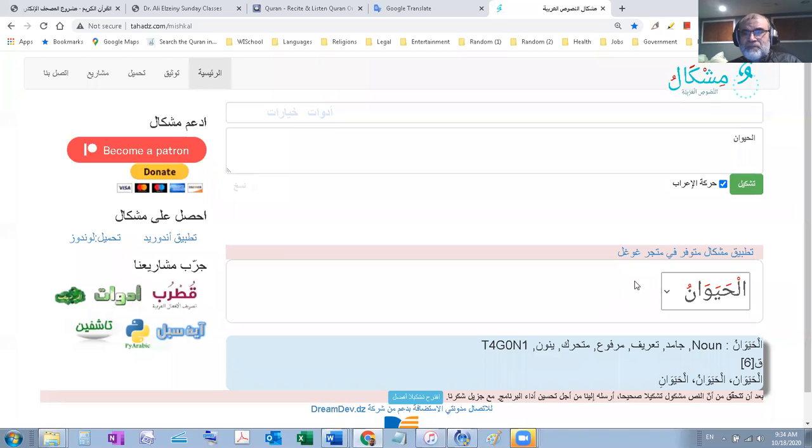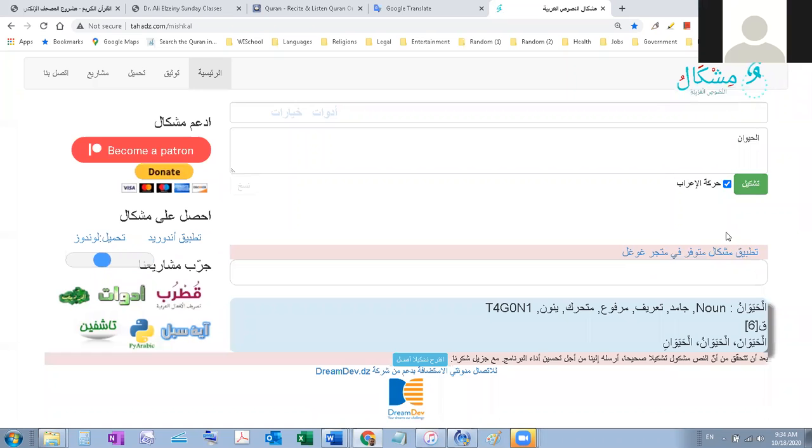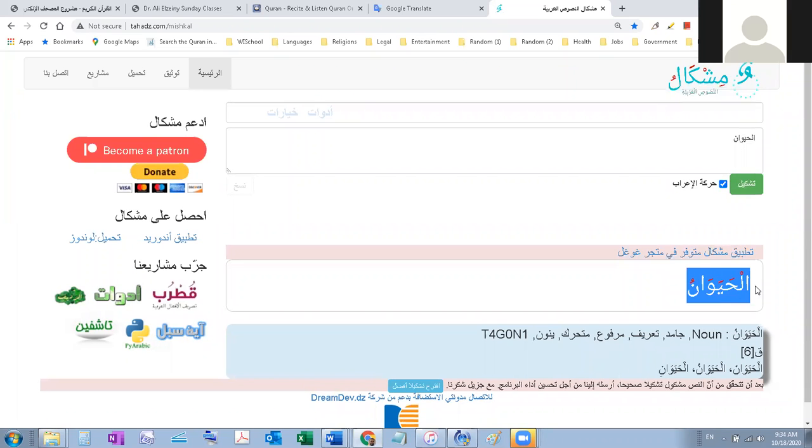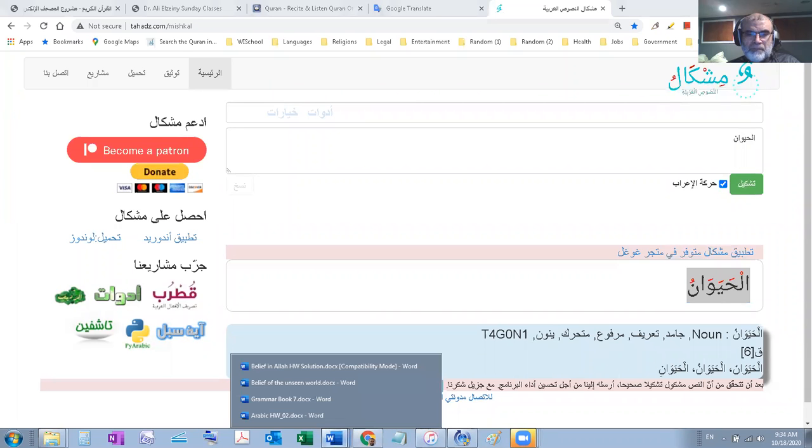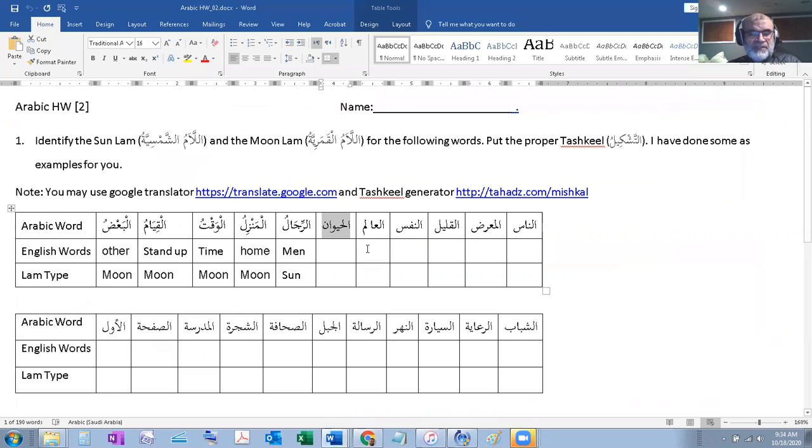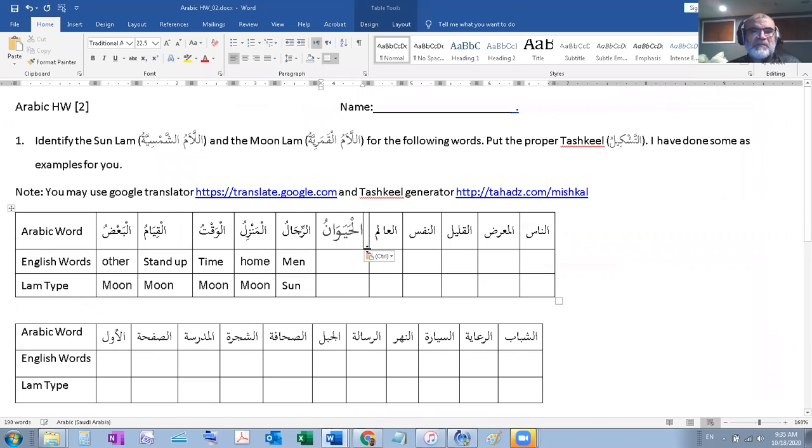Then you copy this and go back to your homework, and you paste it. The English word is animal.